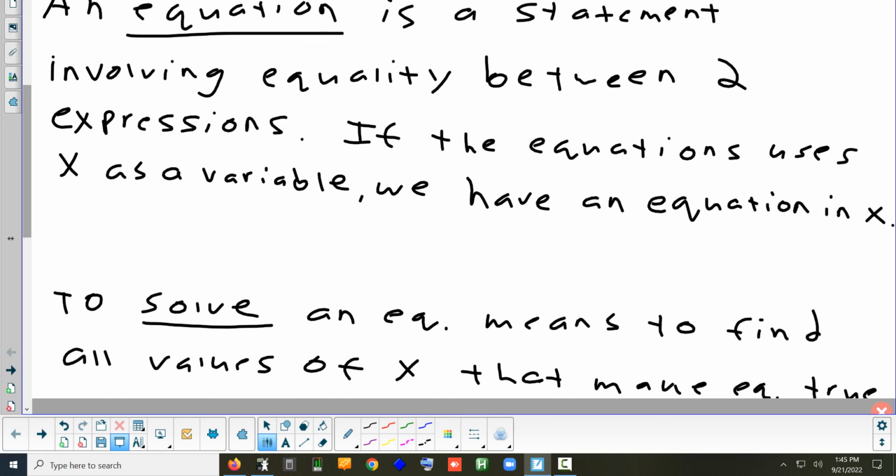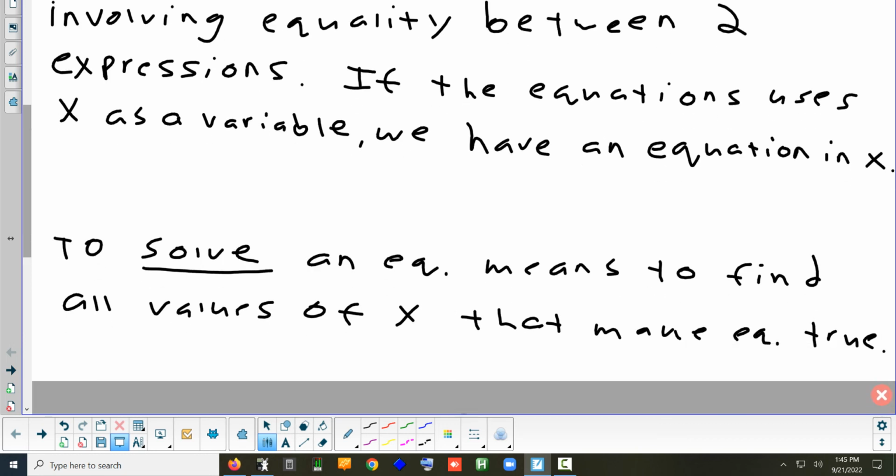So, the main thing we're going to be doing with equations today is solving them. Solve means to find the value of x that makes it true. So with the equation I wrote earlier, you divide each side by 8, and you get an answer of 5. 5 is the solution to that equation.